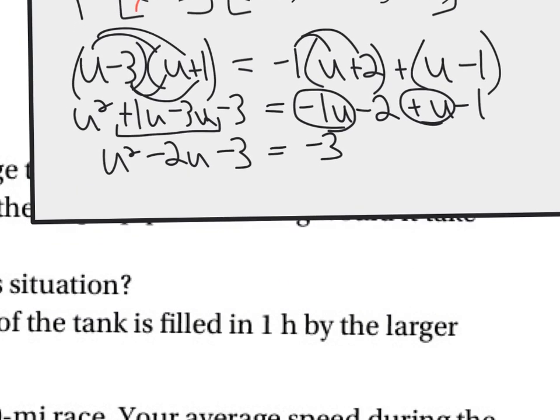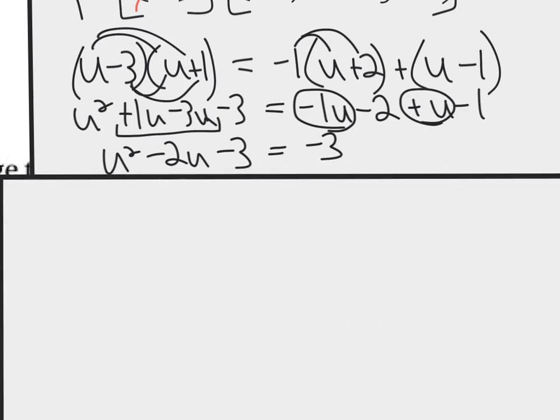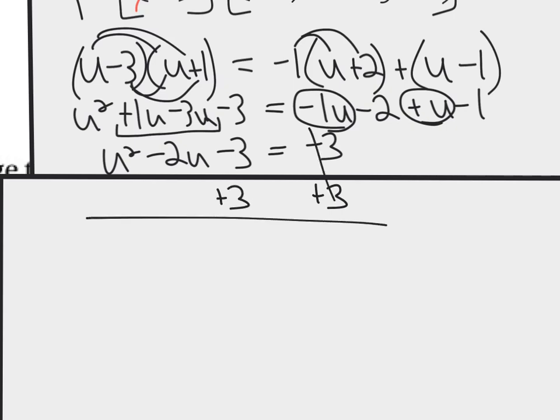Notice again here we have a squared term and a u term and also a constant. So we're going to want to set this equal to 0. Most of the stuff's already on the left side, so if we add 3 on both sides, that'll get it set equal to 0.